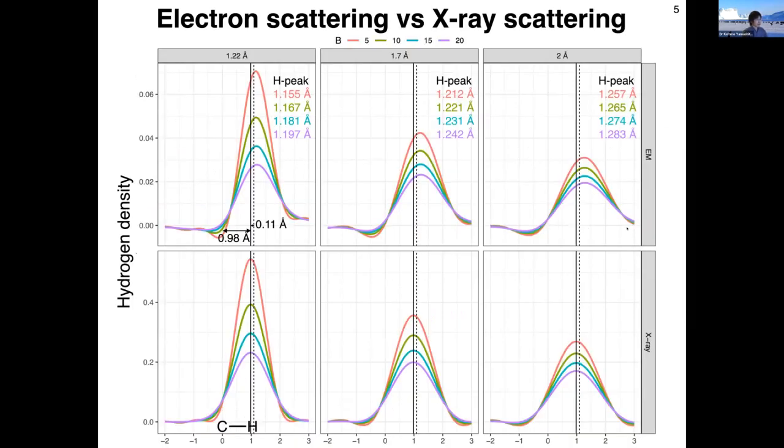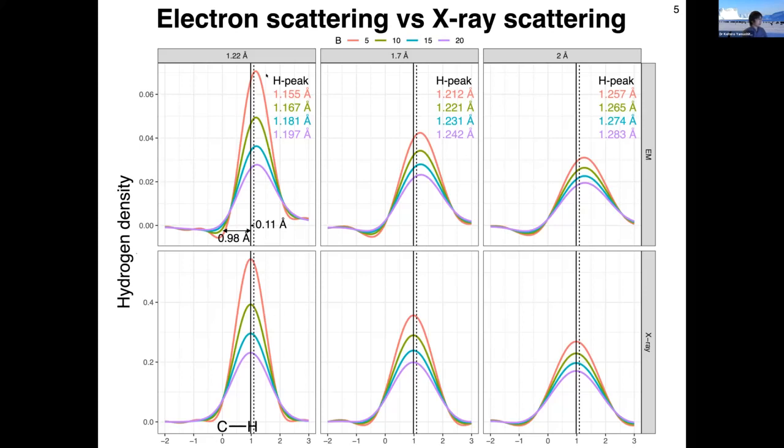I'm comparing it with X-ray density for three different resolutions and for different atomic B values. Let's assume that there is a carbon at the origin, but I'm not showing carbon density. At 0.98 angstrom, there is the electron density center of hydrogen, and at plus 0.11, there is the nucleus, the proton. For X-ray cases, the density peak of hydrogen is always the same for any resolution or any atomic B values.